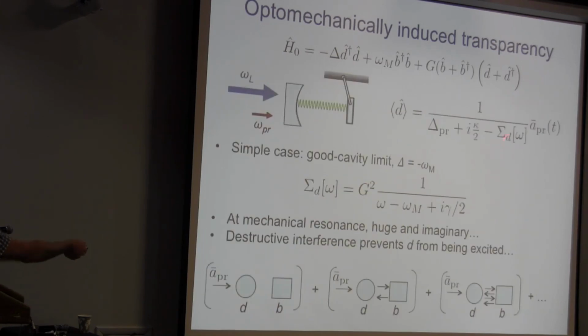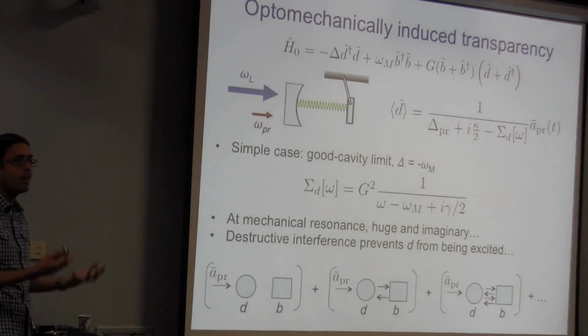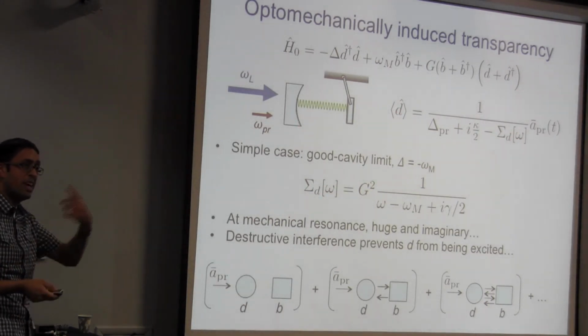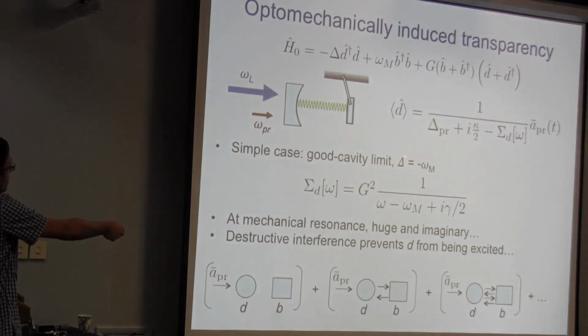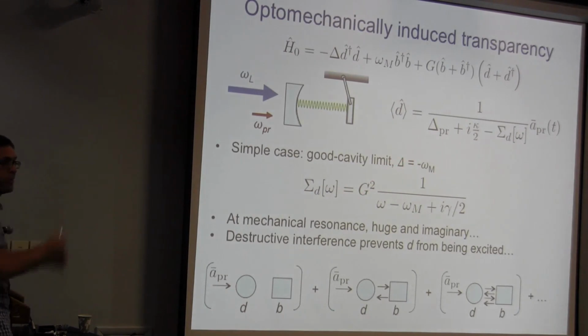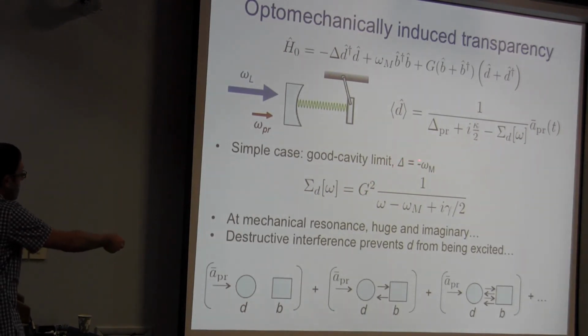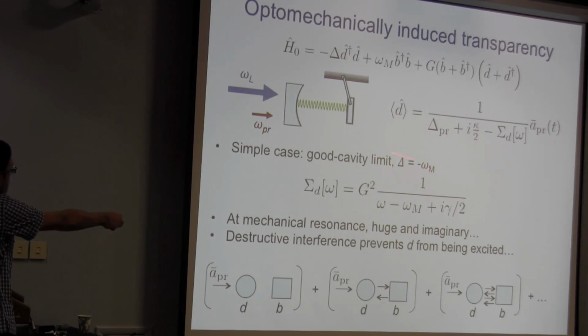Okay, so what is that going to do, right? Well, what does that self-energy of my photons look like? Again, it has exactly the same kind of form that we saw in the other case, in the mechanical case. I've specialized to a really simple regime here, where again, we're in this optimal setting for cooling. I'm driving at the red detuned resonance, Delta equals minus omega_m. That's this big laser beam here.